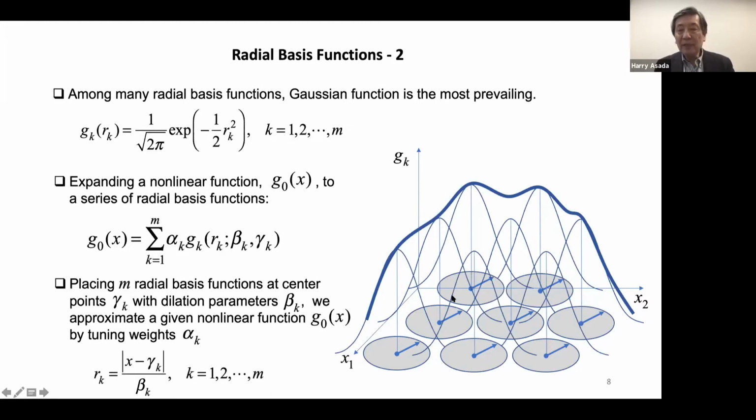We put many of these radial basis functions with many center points distributed in the n-dimensional x space, and a linear combination of these is used to approximate a given nonlinear function g naught.